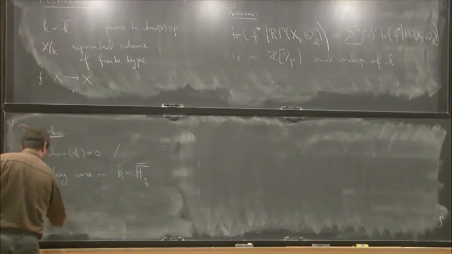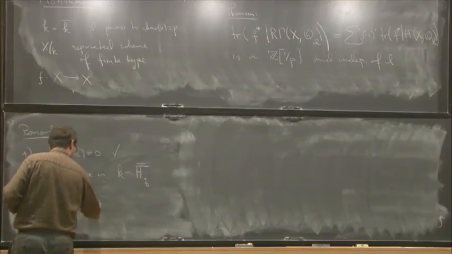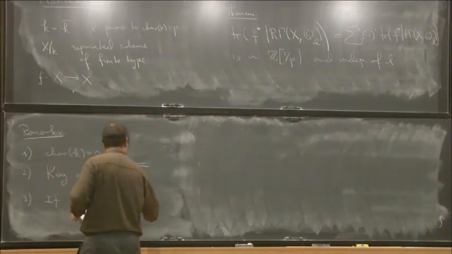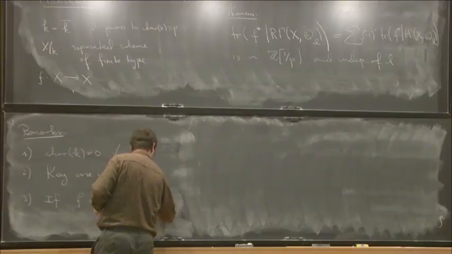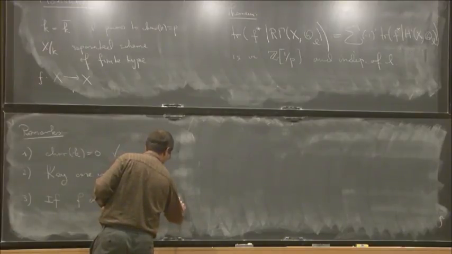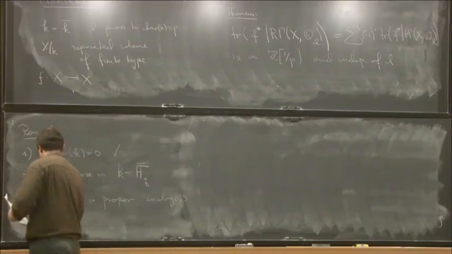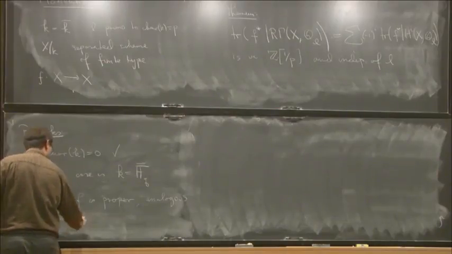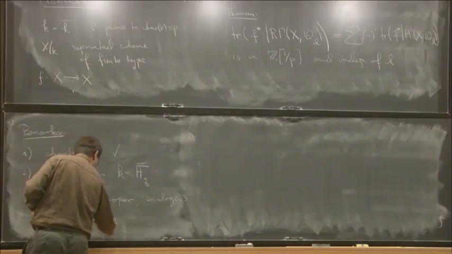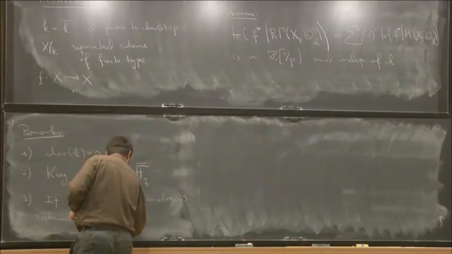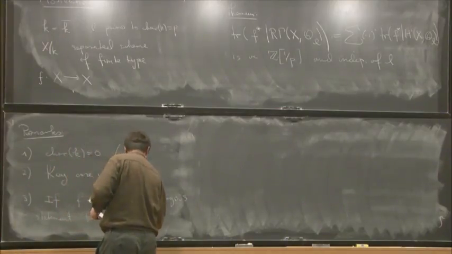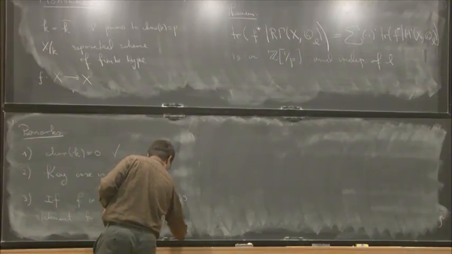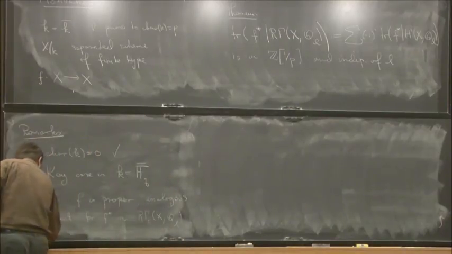If f is proper, then the analogous statement for f upper star on R Gamma_c, compactly supported cohomology, is known.